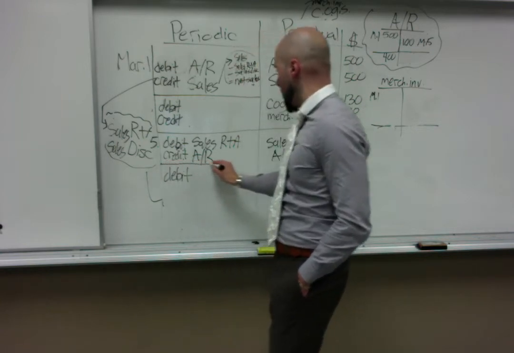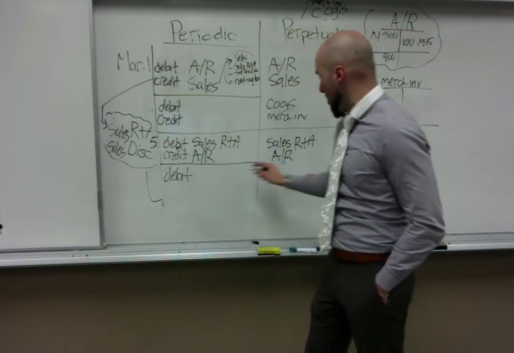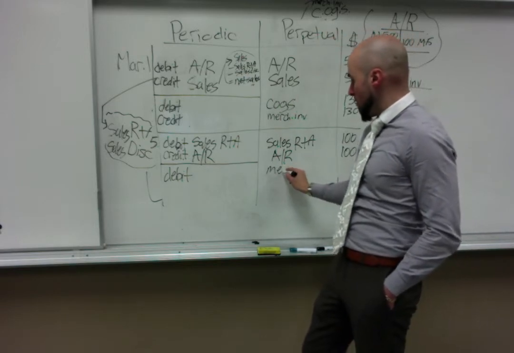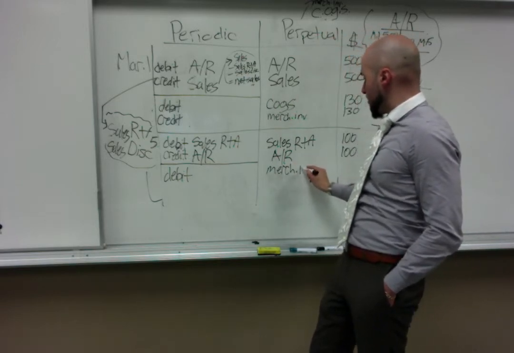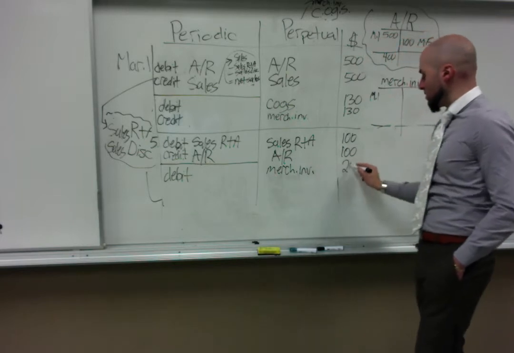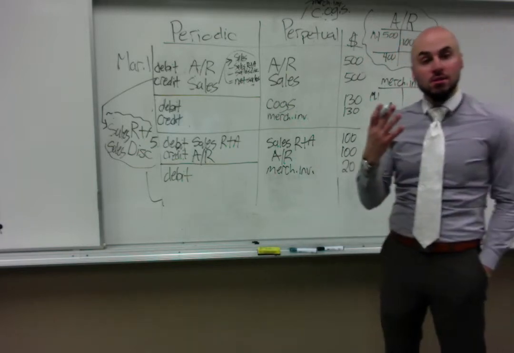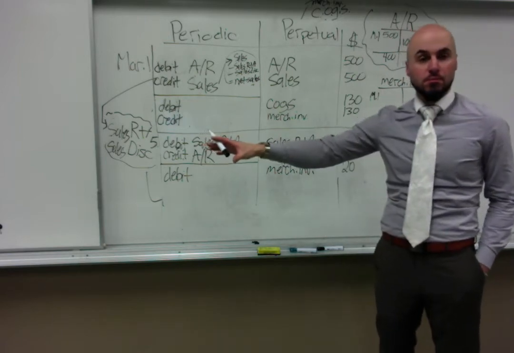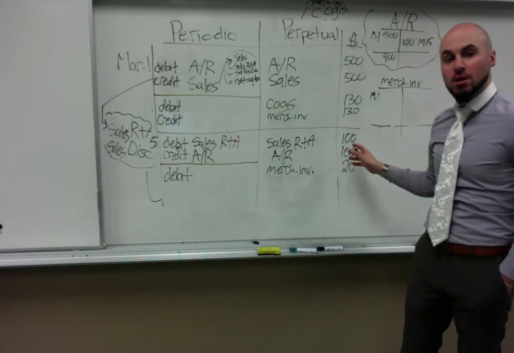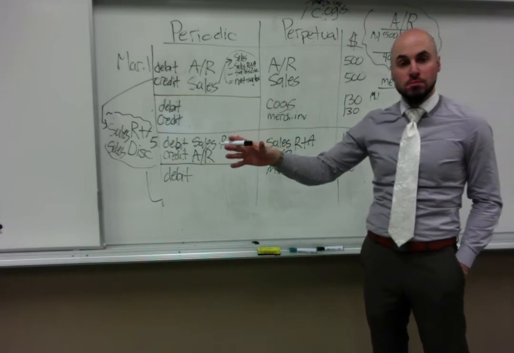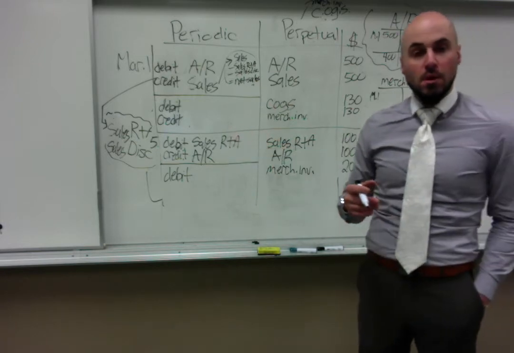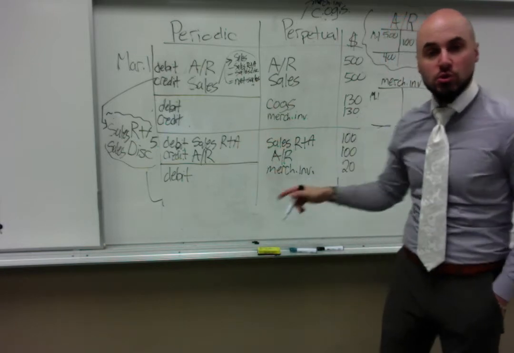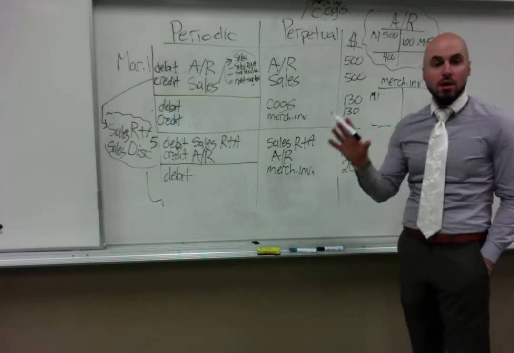See, periodic entry finished. Debit for merchandise inventory for $20. And that's our cost of the $100 that they have returned. The $100 revenue. Our cost of that $100 revenue is $20. Just made it up.